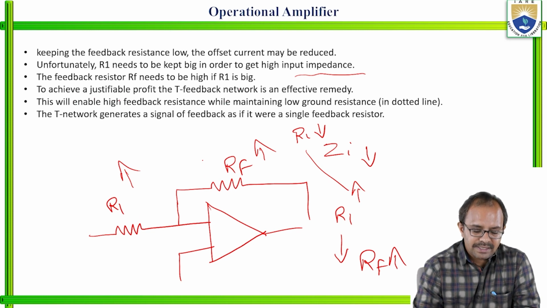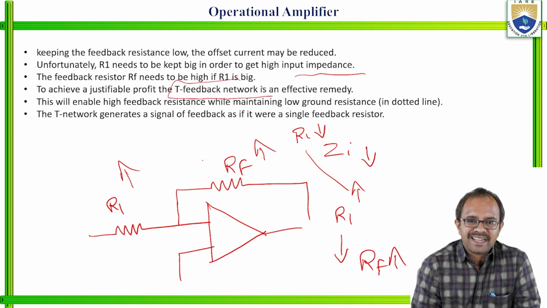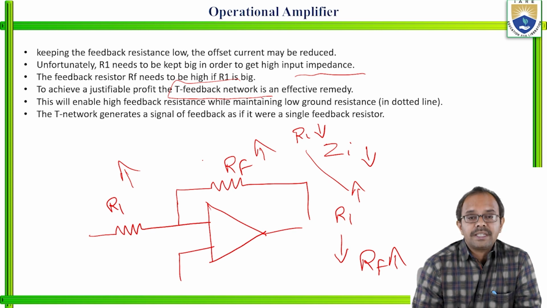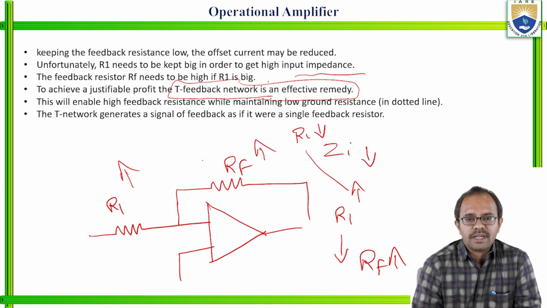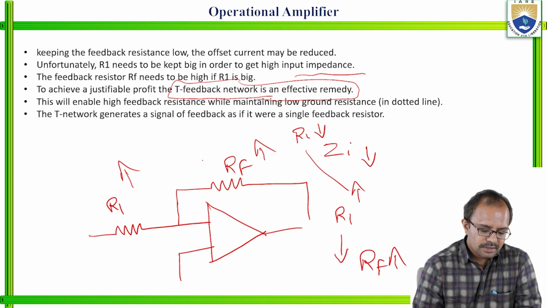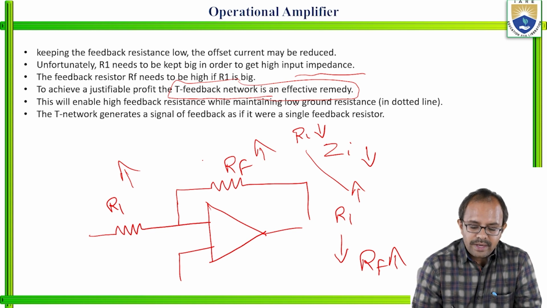To achieve a justifiable solution, we are coming up with this kind of solution, that is the T feedback network, an effective remedy to overcome this kind of issue, right? So this will enable a high feedback resistance while maintaining low ground resistance.